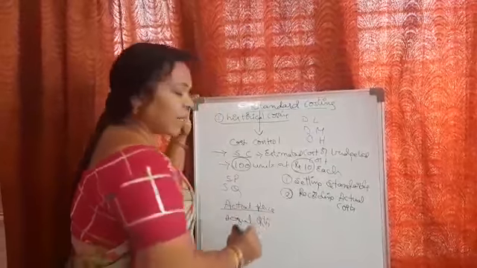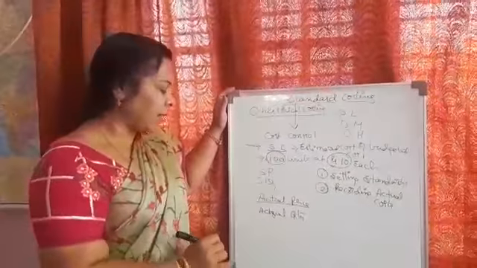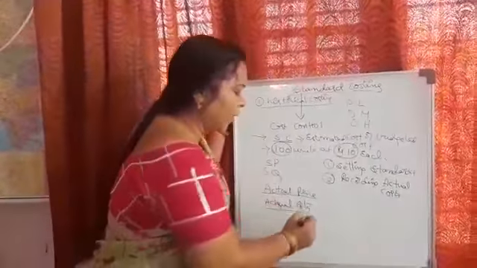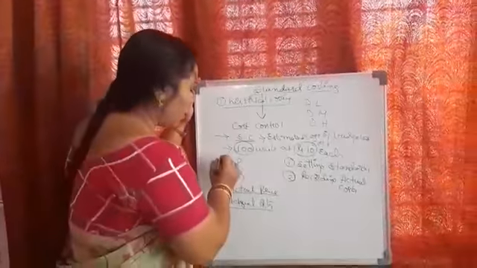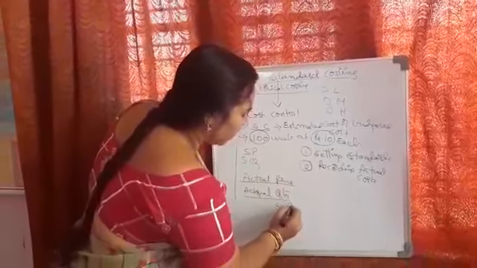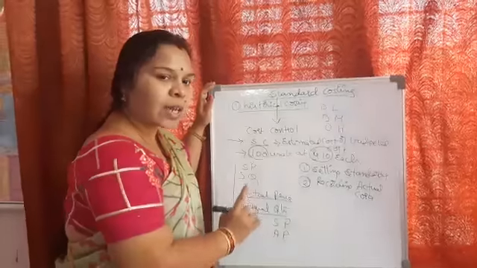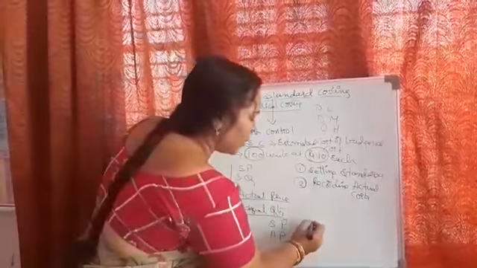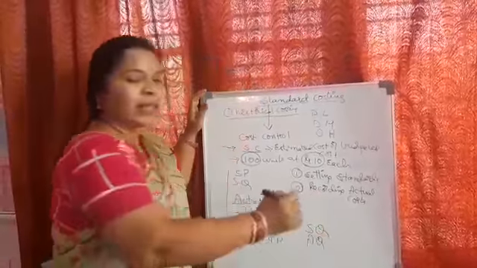At what price you purchased is called actual price, and the actual quantity we purchased is called actual quantity. So the four important elements: price is divided into standard and actual price. Similarly, quantity is standard quantity and actual quantity.